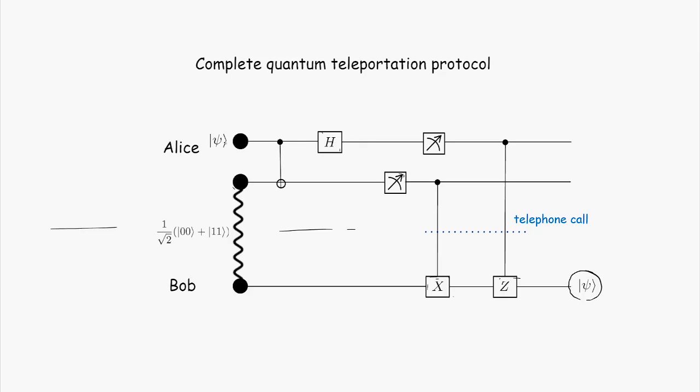Again, why does this work? Well, this CNOT followed by the measurement results in the first and the third qubit either being in the state alpha 0, 0 plus beta 1, 1 or alpha 0, 1 plus beta 1, 0.